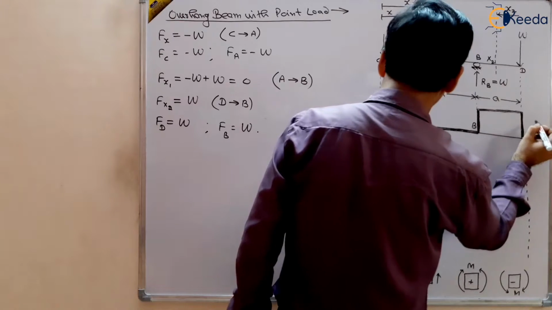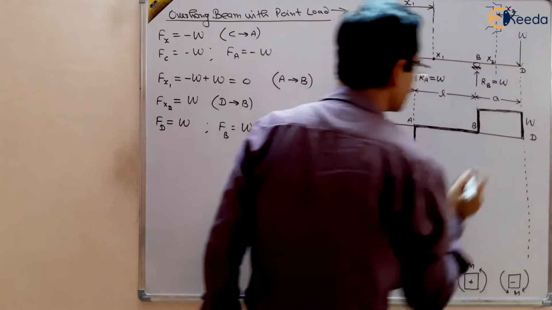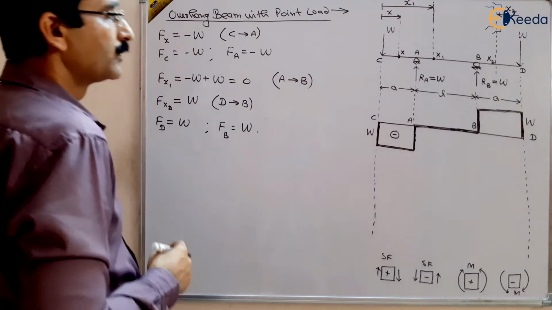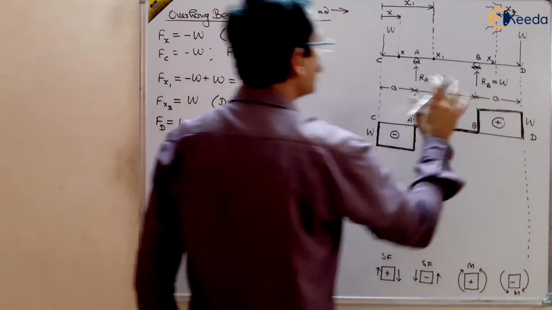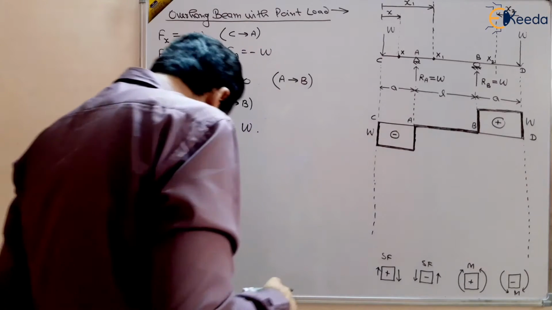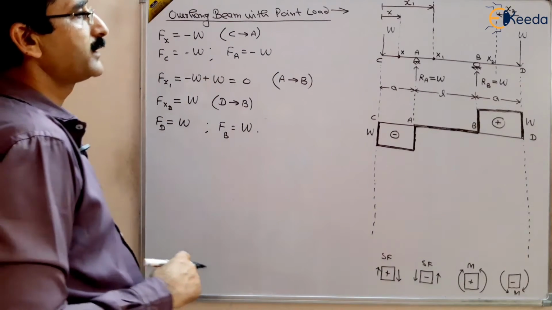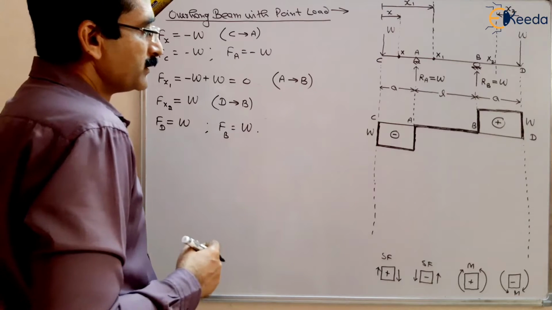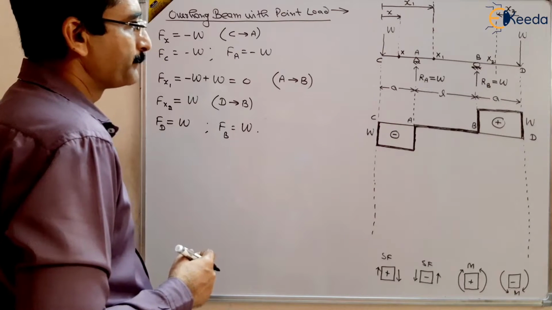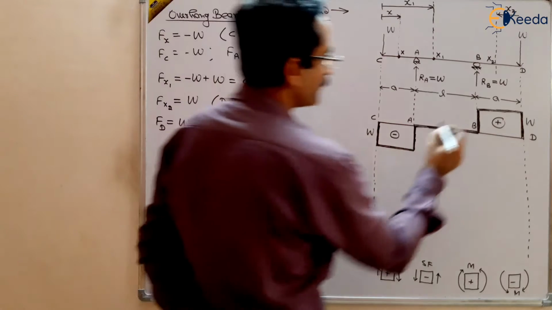This is the shear force curve you will get, and intensity is W. So this is the shear force diagram which will be obtained for an overhang beam which is simply supported, with a free end. So this is a shear force diagram, isn't it?